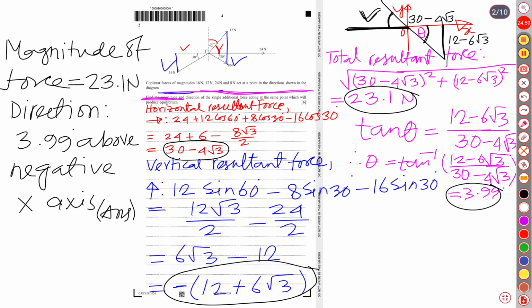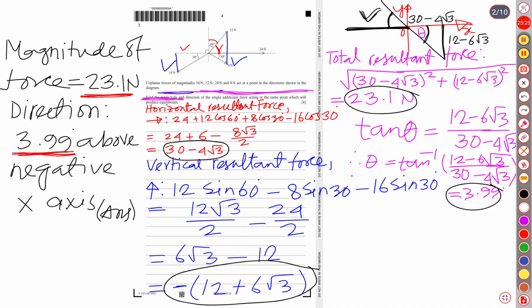Thus our final answer is 23.1 Newton, and it is 3.99 degree above the negative x-axis. These are the magnitude and direction of the additional single force which will make the system equilibrium.